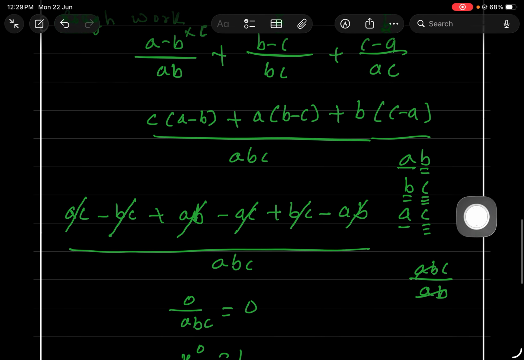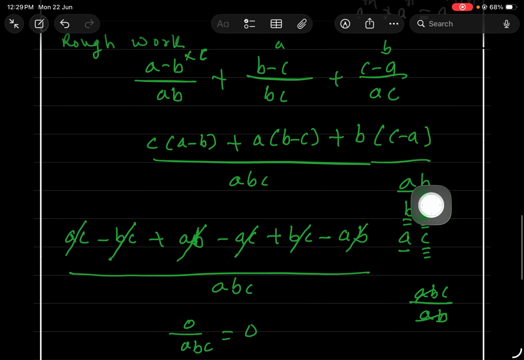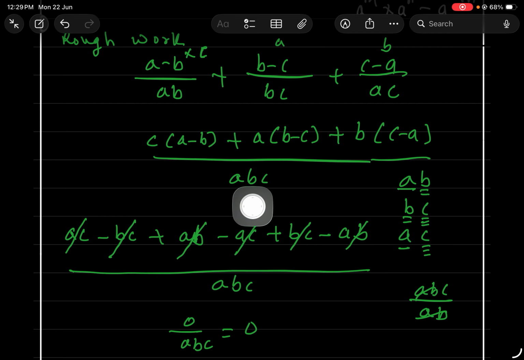The denominators are ab, bc and ac, where a, b and c are each common, so the LCM is abc.